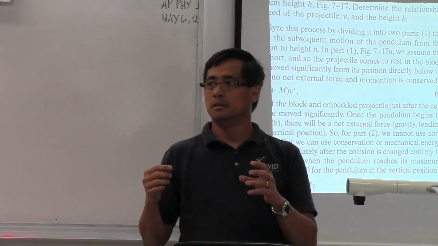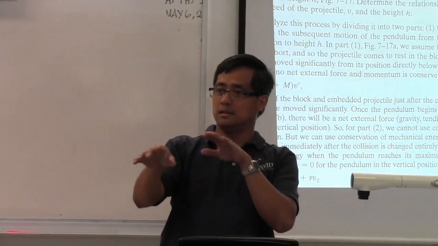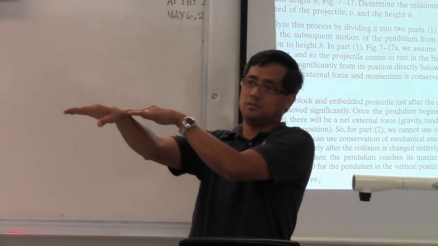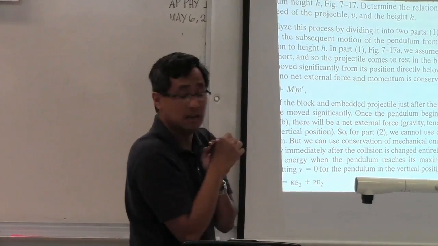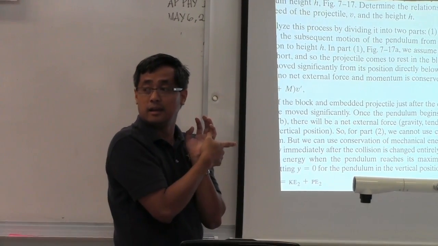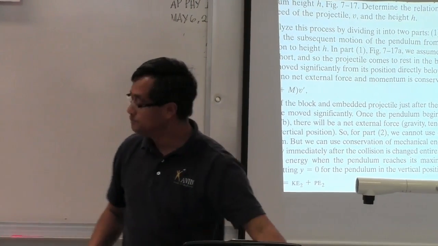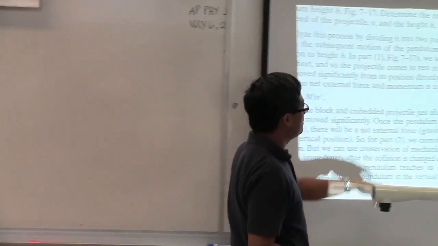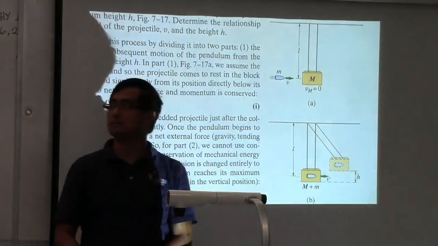In any collision wherein the first object gets stuck, it doesn't necessarily mean it's side by side. It could be embedded inside. So it's going to be an inelastic collision, right? Now, we're trying to determine the value of V in relation to this height.